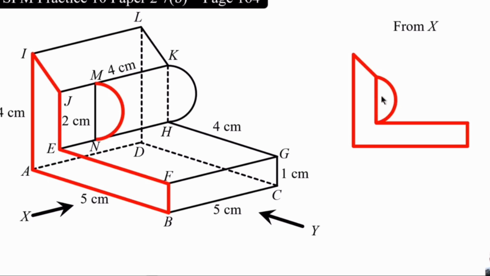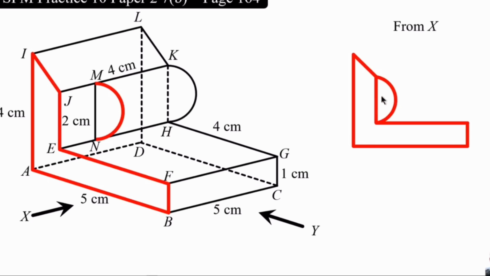Okay, the QJ is 1 centimeter, right? So that upper part will be 1 centimeter, right? Yeah, that is the width of the rectangle. And then you have to make sure you follow the measurement from Y. So from Y you have to highlight like this, then it's easier for you, and then you draw nicely like this. Measure all the lines.